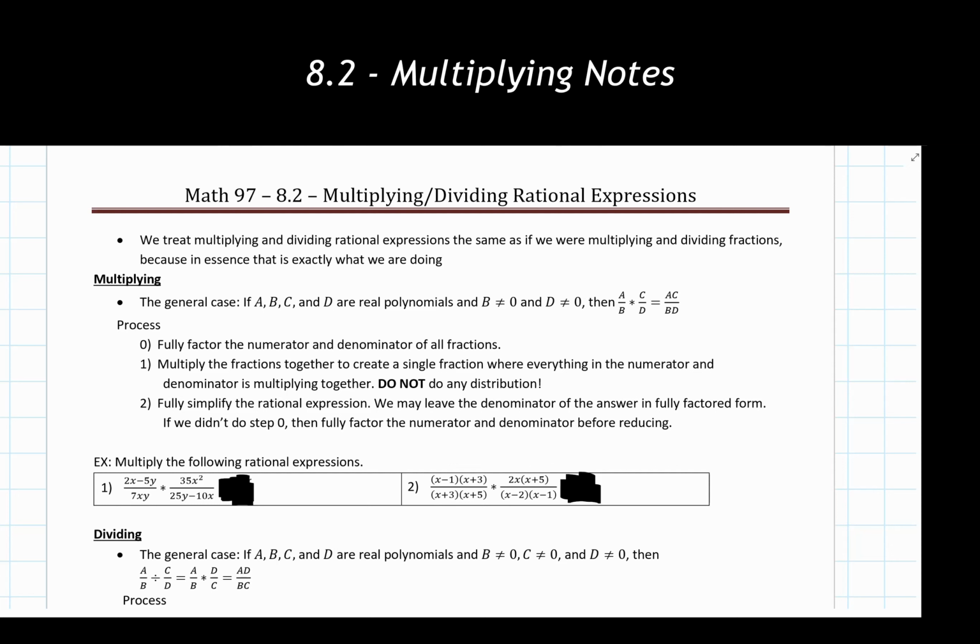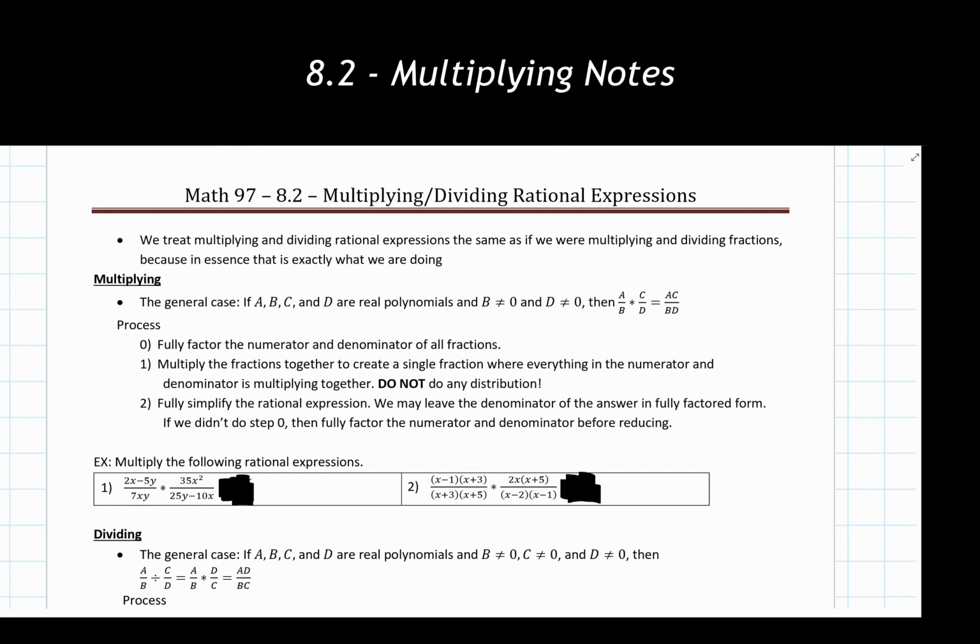So as we have here in the multiplication one, if we look at the idea of A, B, C, and D being real polynomials, whatever they may be, if I'm going to multiply this rational expression with this rational expression, we can see I'm doing the same thing as if I were multiplying fractions. I'm multiplying the numerators together straight across, I'm multiplying the denominators together straight across.